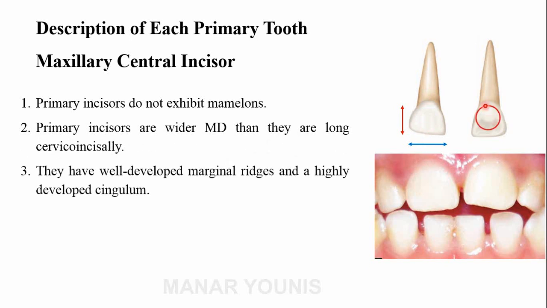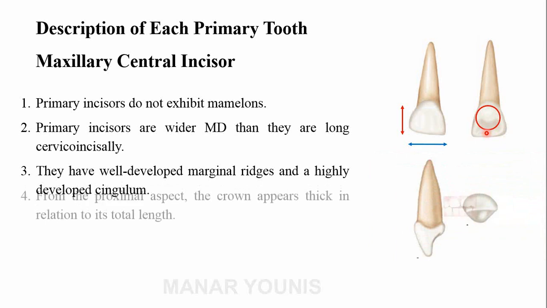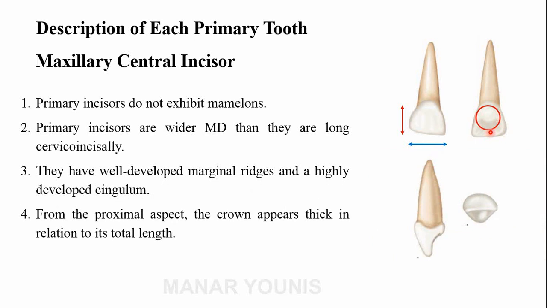From the lingual aspect, the primary maxillary central incisor has well-developed marginal ridges and a prominent cingulum, which sometimes extends to the middle third of the crown. From the proximal aspect, the main features of all primary teeth can be seen: marked constriction of the cervical portion and a prominent cervical ridge labially.